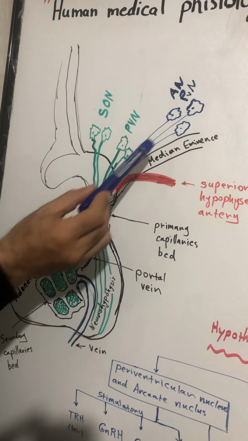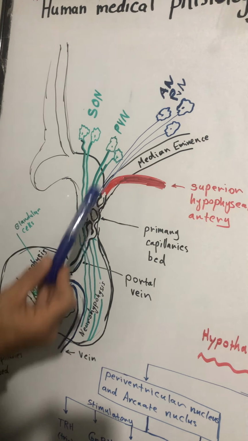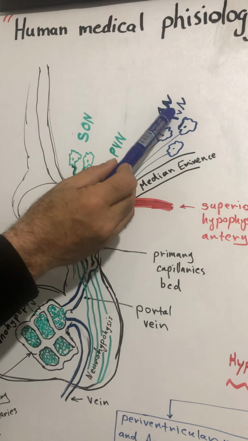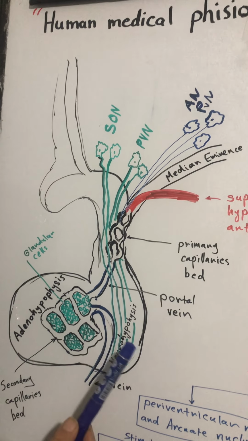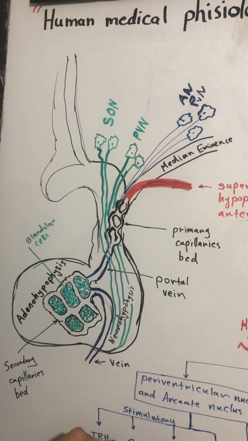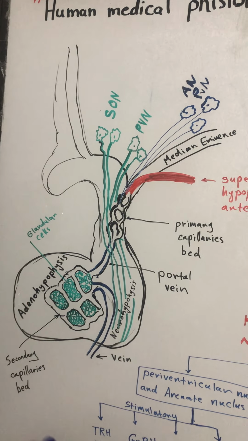Okay, the hormones of the hormone secretory neurons in the arcuate and periventricular nuclei are actually tropic hormones, which means that they have either a stimulatory or an inhibitory role. We will discuss them later.